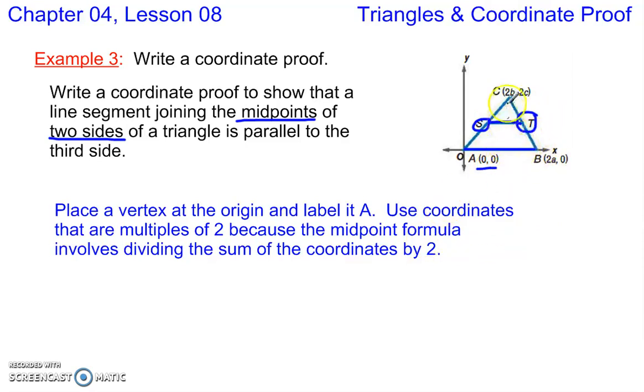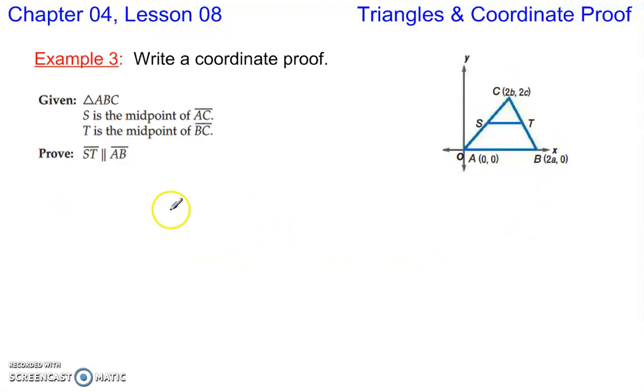So that's why we call this 2a, and up here we don't know this distance right here, so we'll call this one 2b and then call this one 2c. Since we don't know anything about whether this is isosceles or anything, we need 3 different coordinates. So, we are given that S is the midpoint of AC, and T is the midpoint of BC.